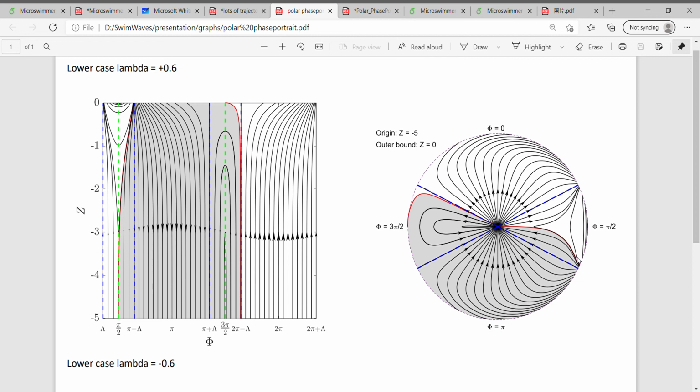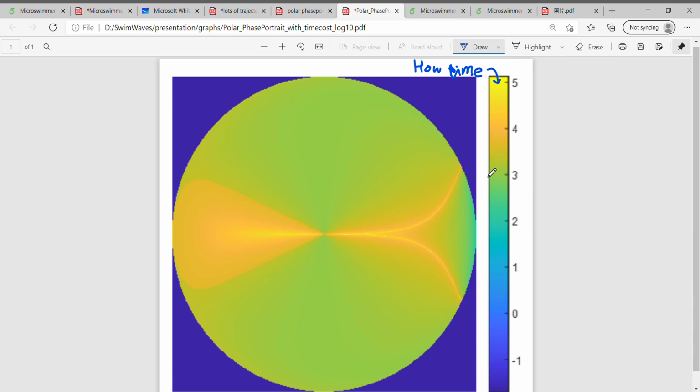So in polar coordinates it's this, and in Cartesian coordinates it's this trajectory, this cusp. And this time scale is actually log of 10.